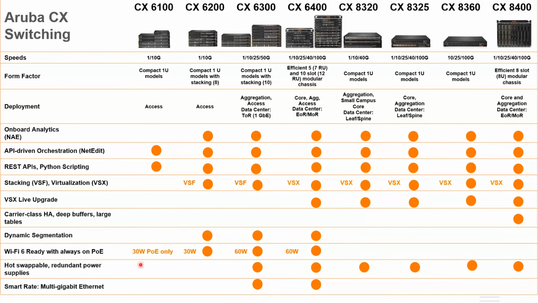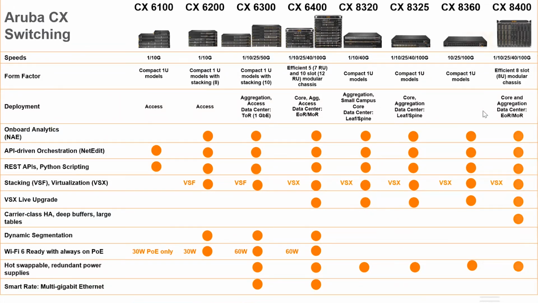It also doesn't have the always on PoE. The always on PoE we have in the 6200, 6300, and 6400. You can also see the different virtualization here. For this one we have VSF, and this one we already have the VSX. Also the deployment here. You can see the comparison in the table.